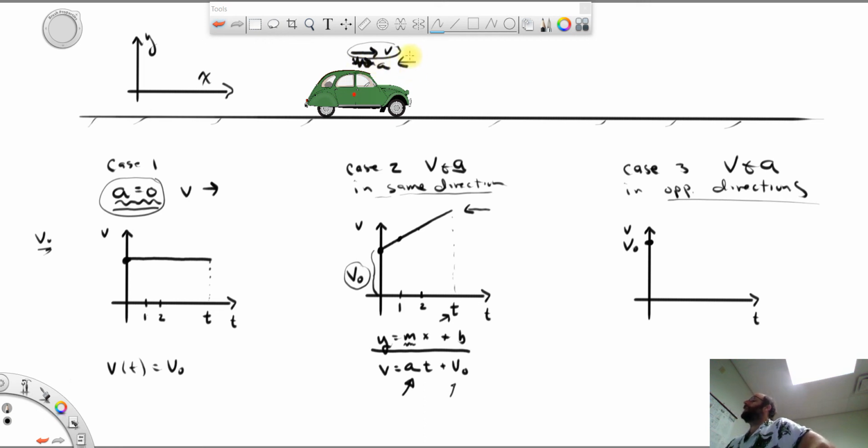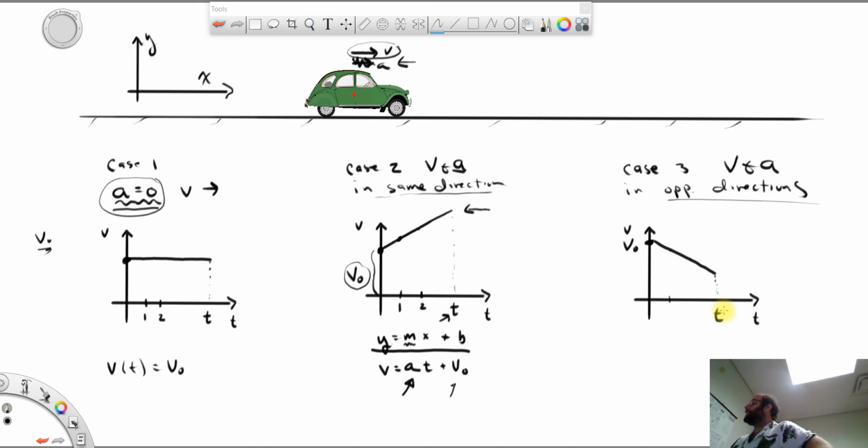Whenever your velocity and acceleration are in opposite directions, that means the object's going to be slowing down. So a second later, we're going to be a little lower on the graph. A second later, a little lower again. And again, assuming constant acceleration, this graph will be linear. And we'll just stop it at an arbitrary time t.